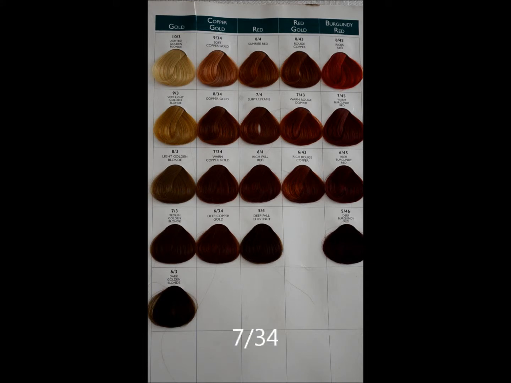And what that means is there's more of that tone in than there is the 4. And the 4 is called the secondary tone. So if we just take this colour, for example here, the 734, the 7 tells you how light or how dark it is. The 3 tells you that the primary tone is gold, which is 3, and the secondary tone is red, which is 4.